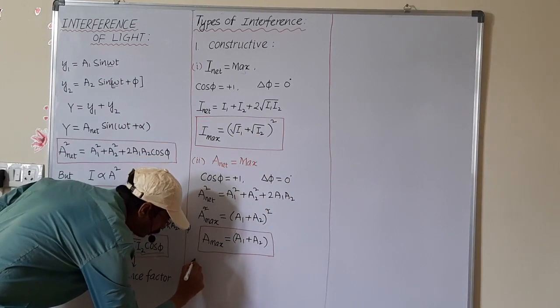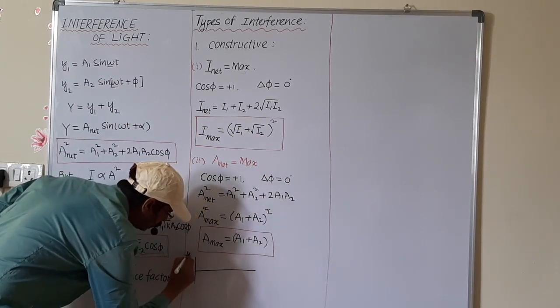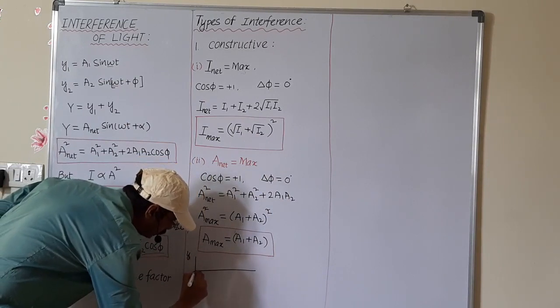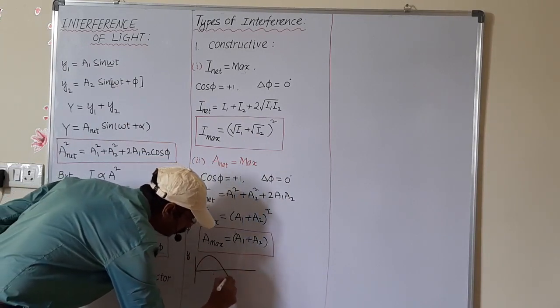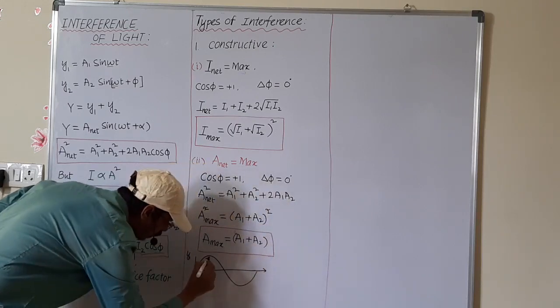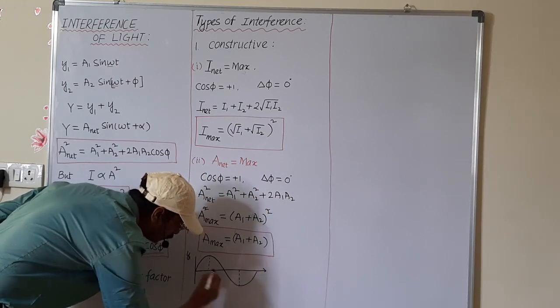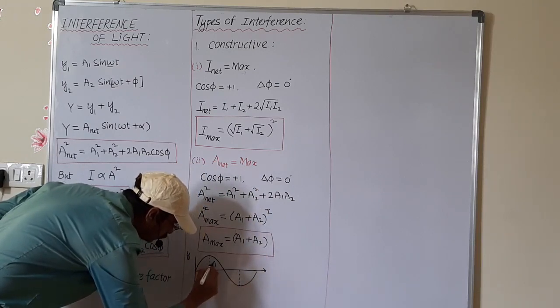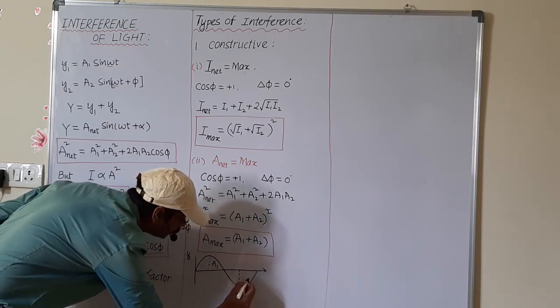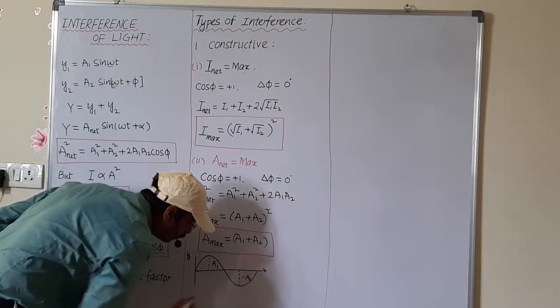For example, this is the y1, with amplitude plus a1 and this is minus a1.